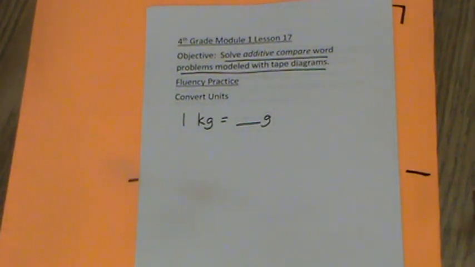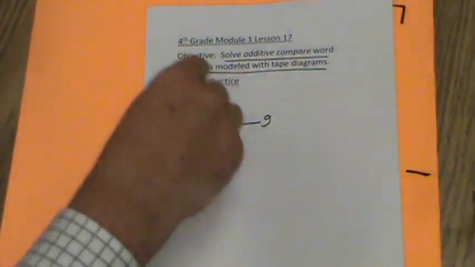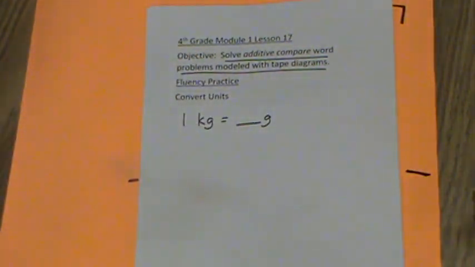The standard unit of weight is in pounds and ounces, but the metric folks do it in grams. So 1 gram, and I'll prove this to you later on, weighs about as much as your standard paperclip. So a kilogram would equal how many grams?